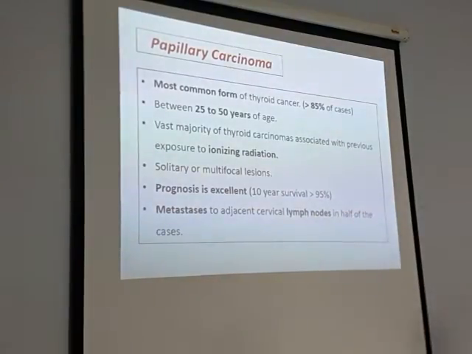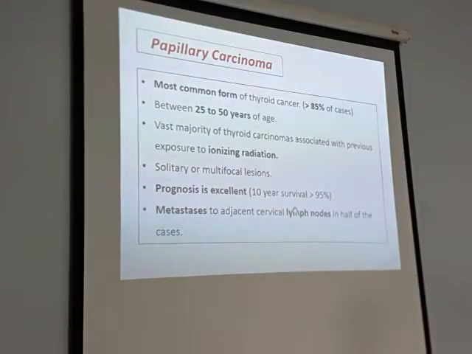So coming specifically to the individual carcinomas, first we have the papillary carcinoma. Papillary carcinoma is the most common form of thyroid cancer, more than 85%. It has been repeated many times now. It occurs mostly in the age group 25 to 50 years. And the vast majority of thyroid carcinomas which occur after radiation are also papillary cancers.